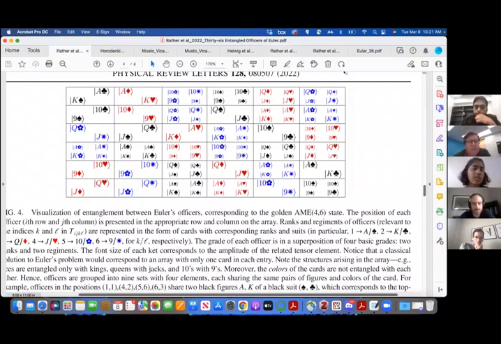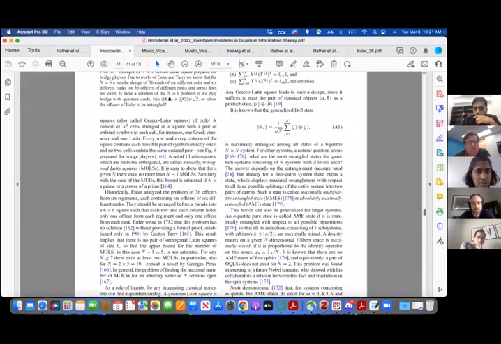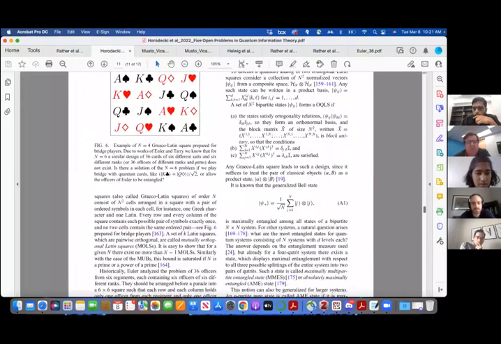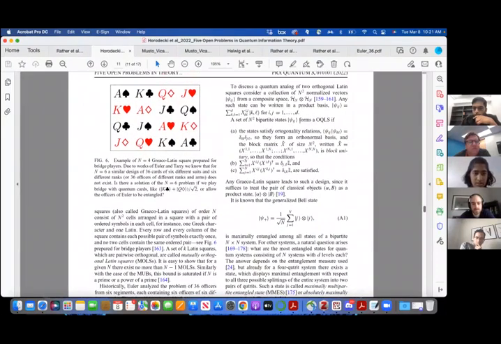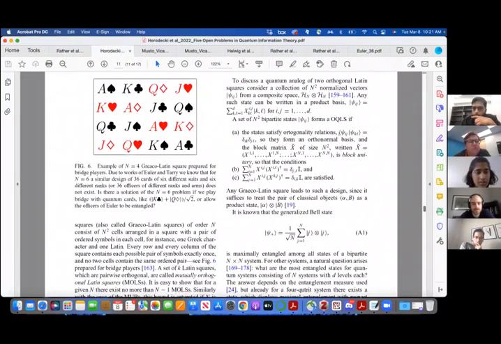Yeah. So they satisfy this orthogonality relation for this orthogonal quantum Latin square. Psi ij psi kl would be delta ik delta jl.